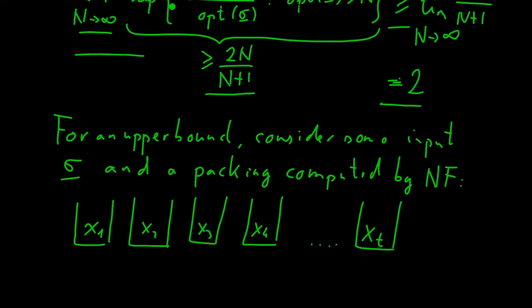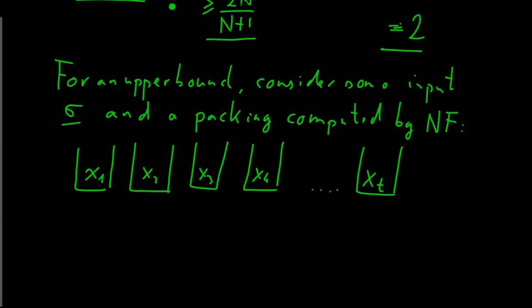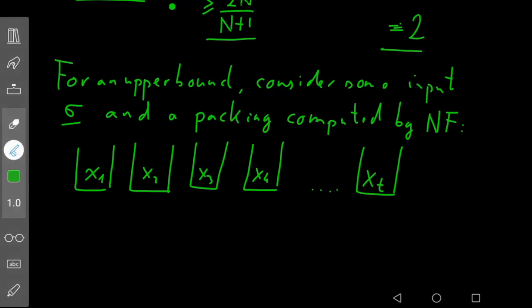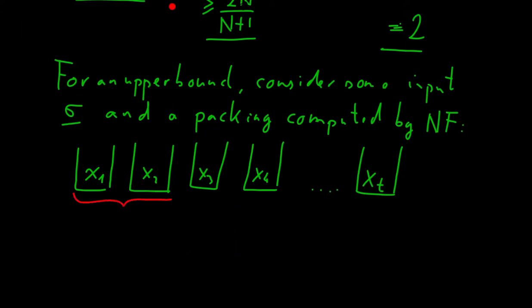Now, an important thing to realize is that the sum of these two bin sizes, x1 plus x2, is, well, more than 1. Why? Because we opened a new bin.